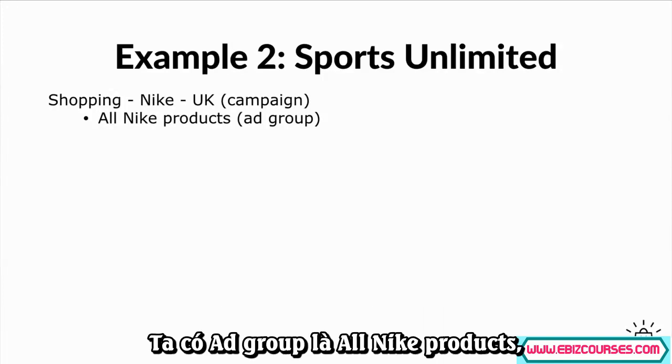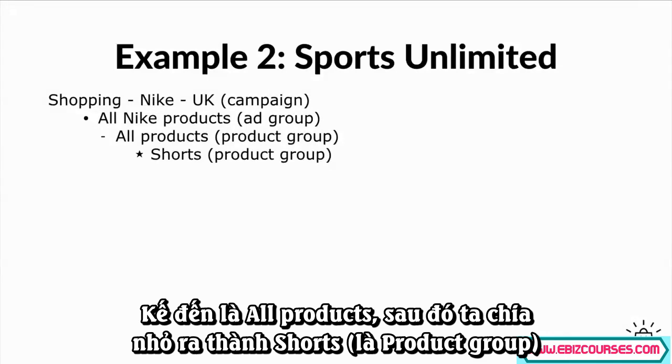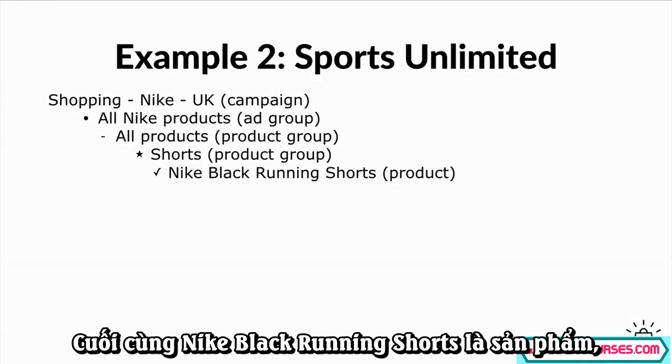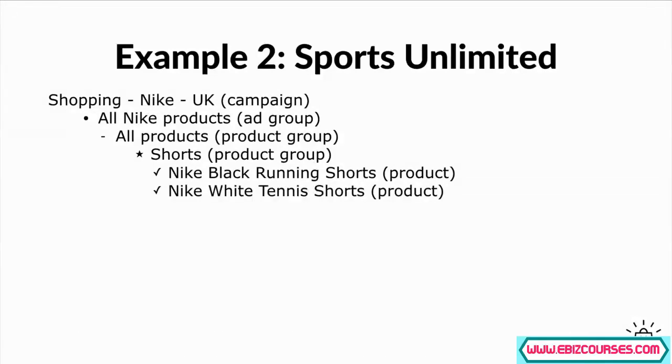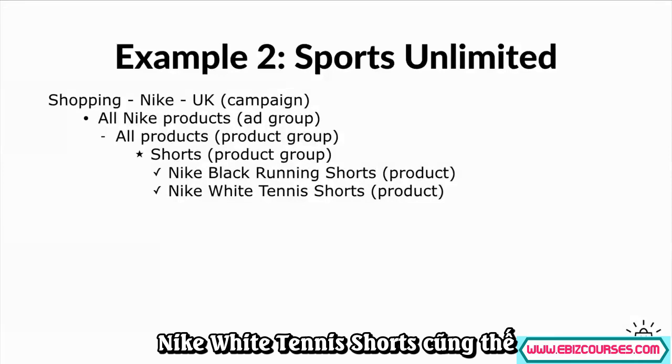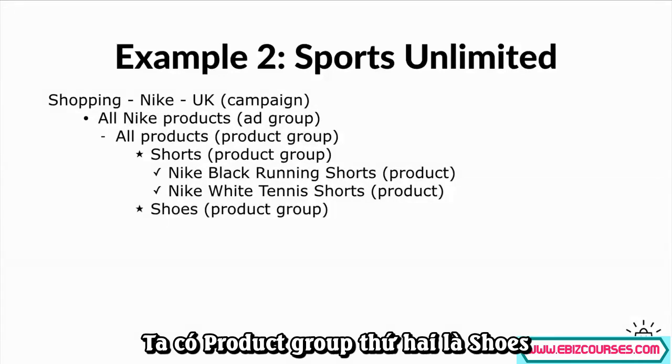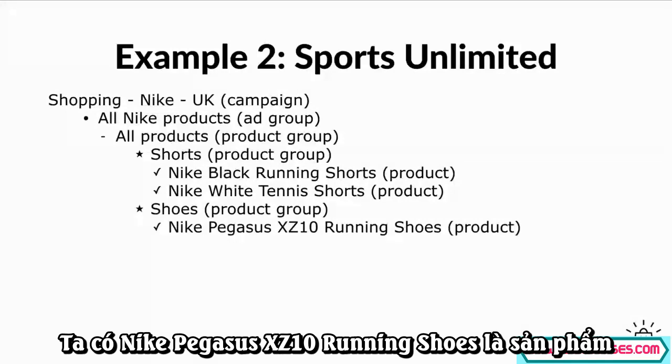So we have, as an ad group, all Nike products. We have all products, and then we break it down into shorts, which is a product group. And there you have the Nike black running shorts, which is a product. You have the Nike white tennis shorts, also a product. And then you have a second product group, which is the shoes. So there we have the Nike Pegasus XC10 running shoes, which is a product.